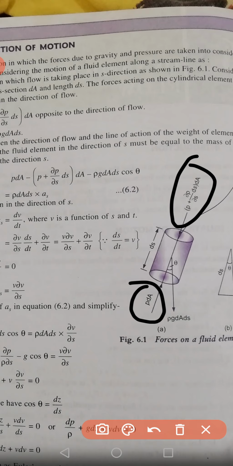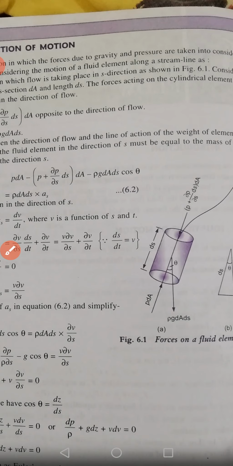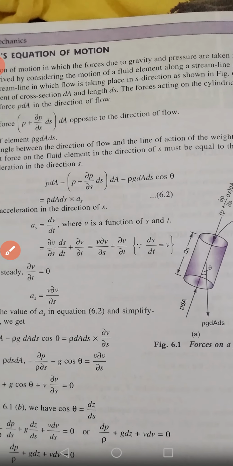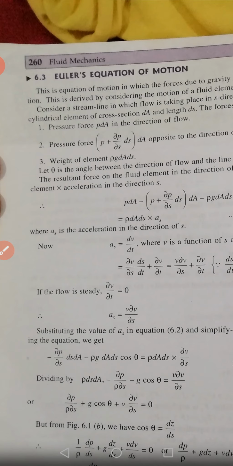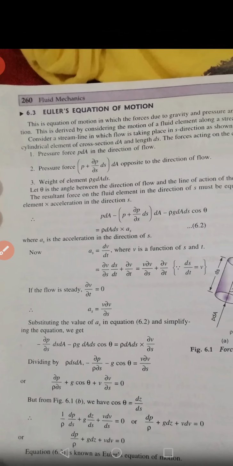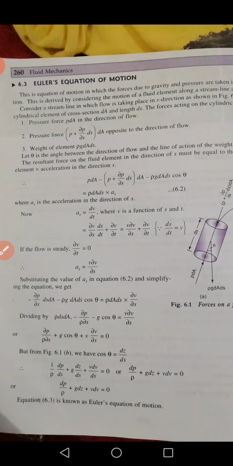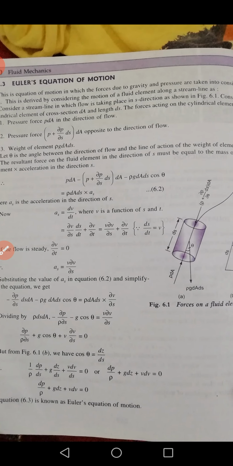We also consider that there is some weight of the fluid, and it will also influence the fluid flow. So basically these three points show the forces acting on the cylindrical element.